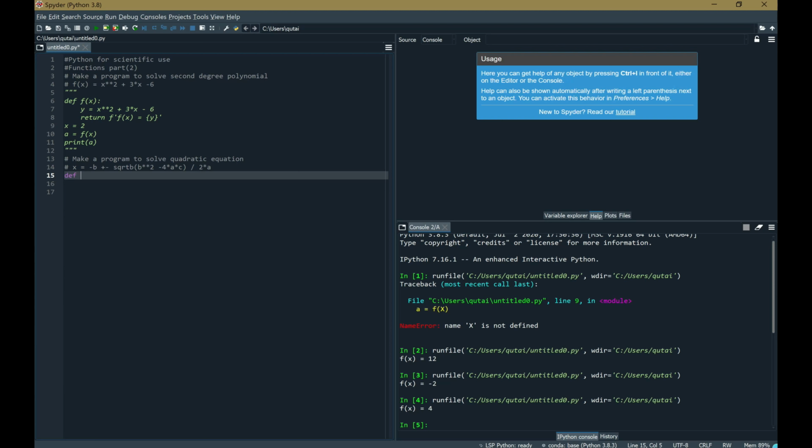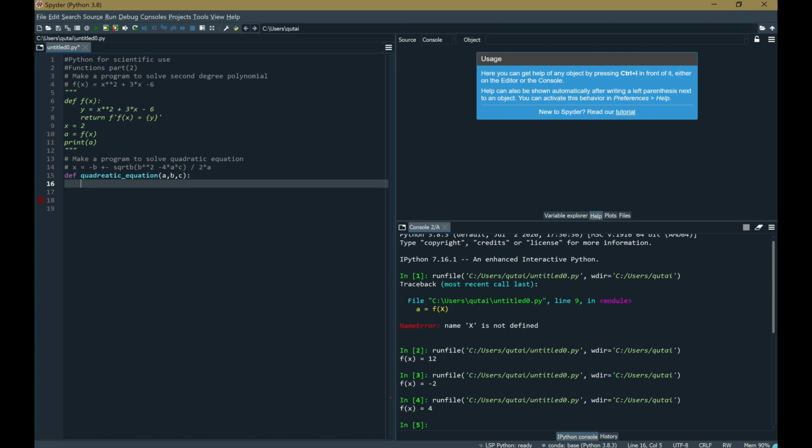So we write here def quadratic equation, and here we have a, b and c.